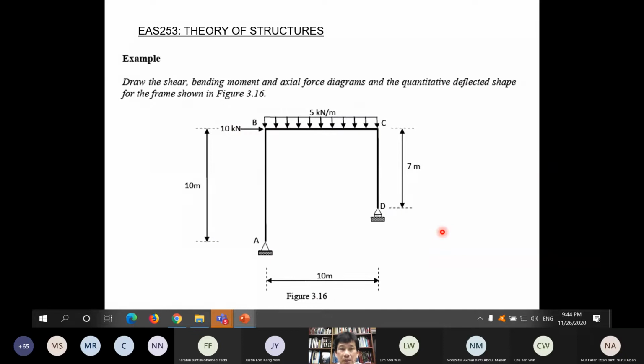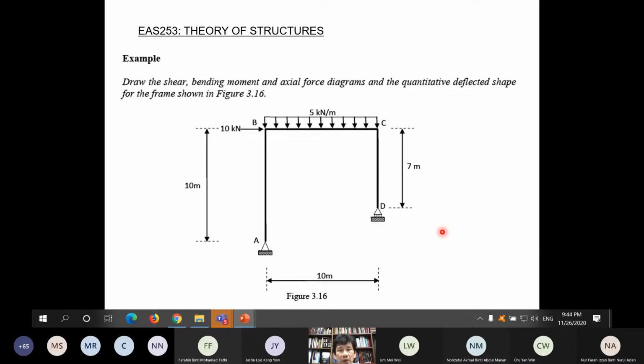So with that understanding, then let's go to one example, just to illustrate to you the process and the calculation process involved to get the shear, bending moment, and axial force diagram, and the qualitative deflected shape for the frame shown in this figure here.